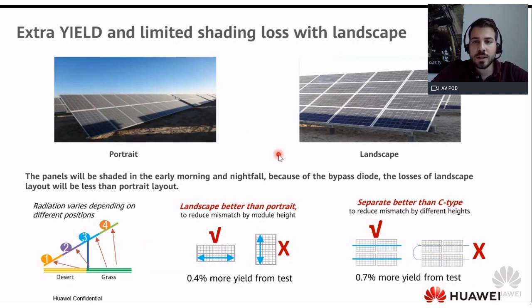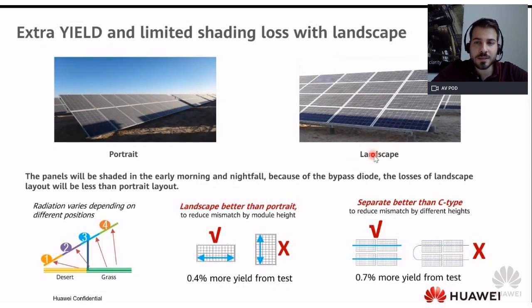As I told you, the reason for these orientation differences is this shading. As you can see here, due to the bypass diodes that are inside the PV panel, if the shade comes, it will cast shadow on the panels, and it will significantly affect the yield of the panel.